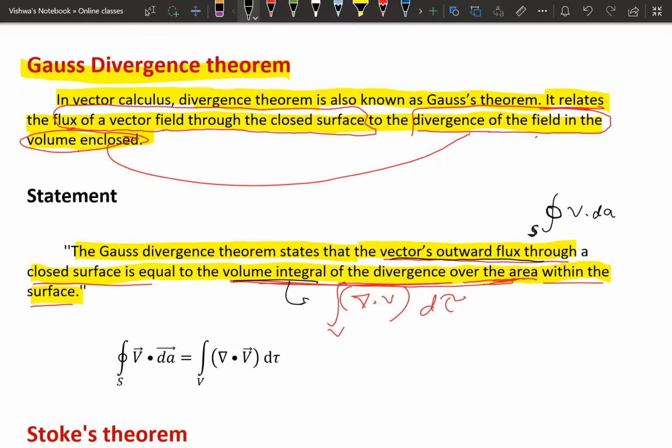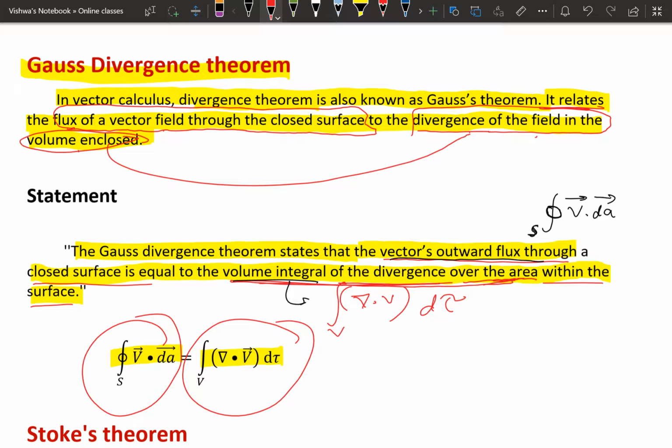This represents a flux. Now these two are equal. What is it? The circular integral over the surface, V dot dA, equals the volume integral of del dot V d tau. Here both are the same. This is in terms of a surface integral and this is in terms of a volume integral. Like that we have to convert.